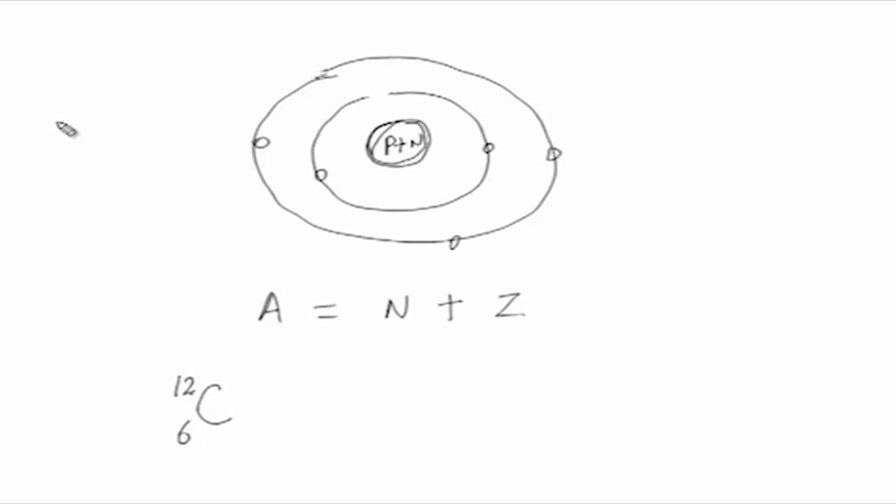So, for carbon, 12 is the atomic mass and 6 the protons. You can find the neutron number by subtracting the atomic number from the atomic mass.